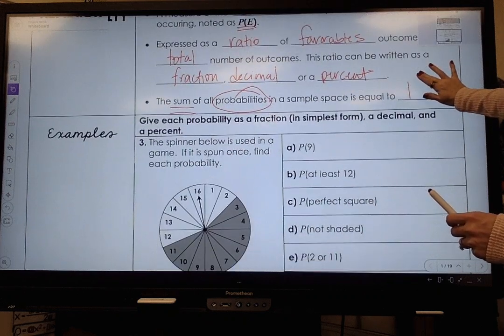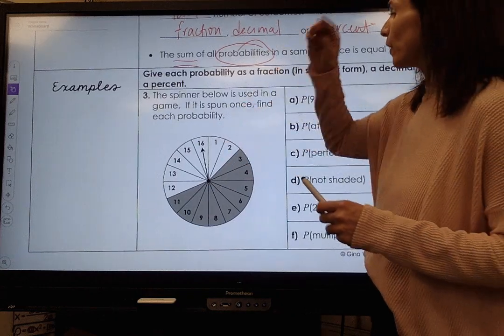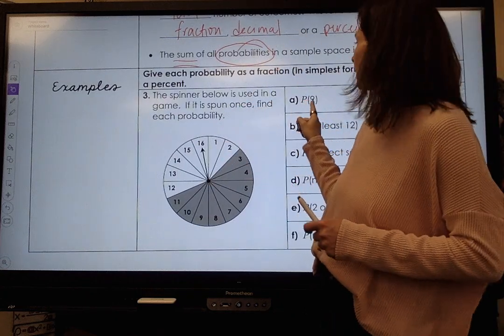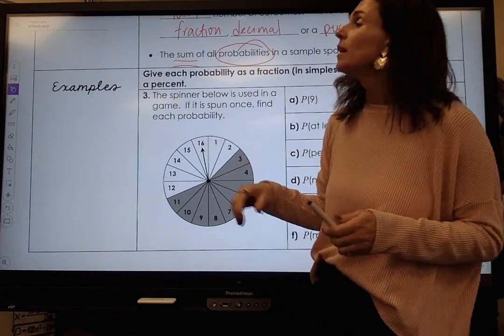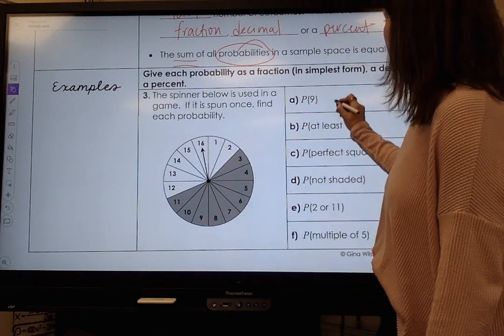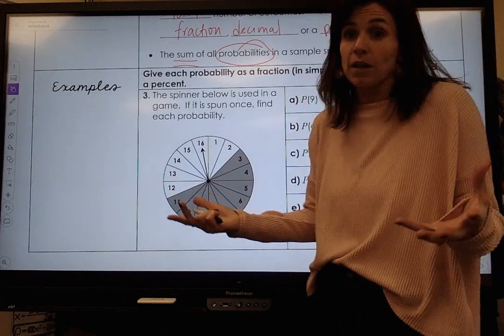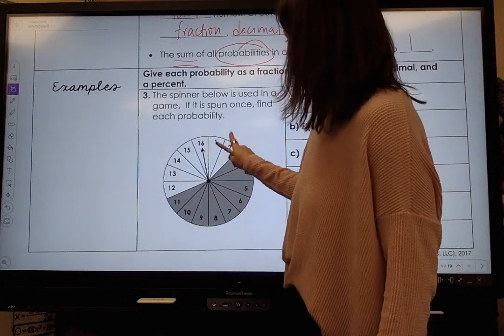So if I look down here at the examples, and let's say I've got a spinner over here, and I want the probability, remember, this is a favorable event. So the probability of spinning a 9 is going to be 1 out of the total number of possible, and I get 16.